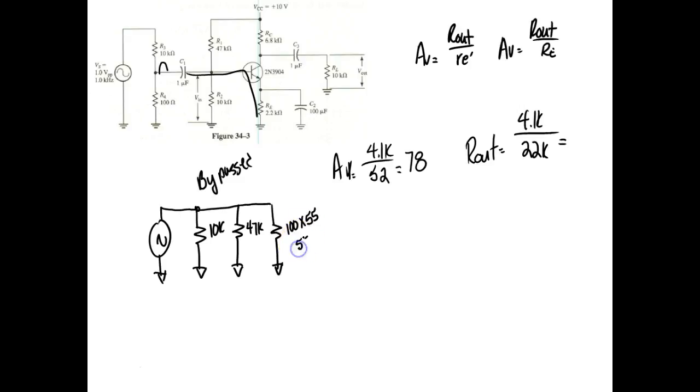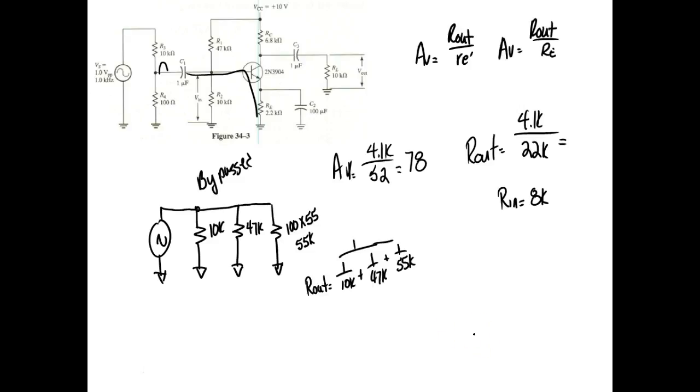So Rin bypassed would be equal to 1 over 1 over 10K plus 1 over 47K plus 1 over 55K. A while ago, when I used 220K over here, we calculated it to be 7.8K or something, 8K. And we measured 4.4K, right?